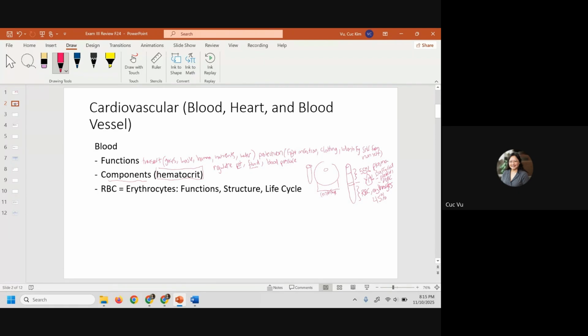So we're going to start with red blood cells. That's going to be our number 1 thing. Red blood cells are also known as erythrocytes, erythro meaning red, and cyte meaning cell. Now, let's go through the functions of a red blood cell first. What are some functions of red blood cells?